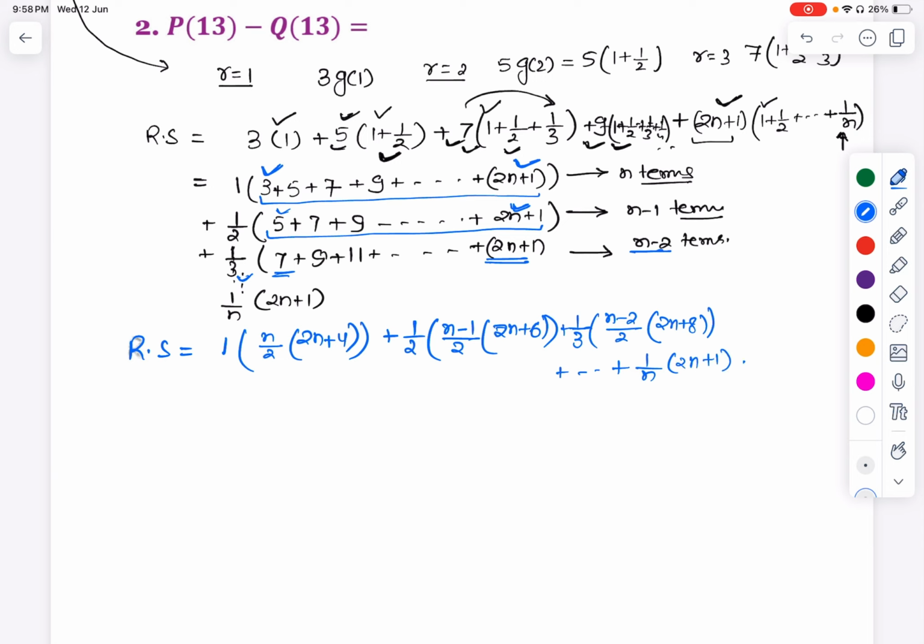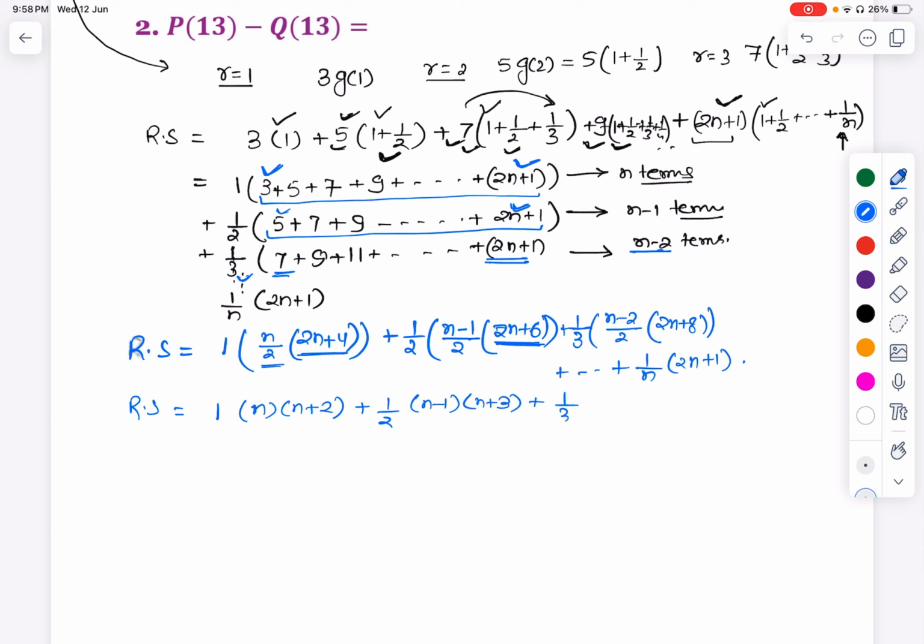Now if we simplify, the required sum we can write as 1 multiplied by n by 2, and this is 2 times (n plus 2), so we can write this as n into (n plus 2). Now we can write 1 by 2 times; this 2 we can cancel with 2n plus 6, so we can write (n minus 1) into (n plus 3).